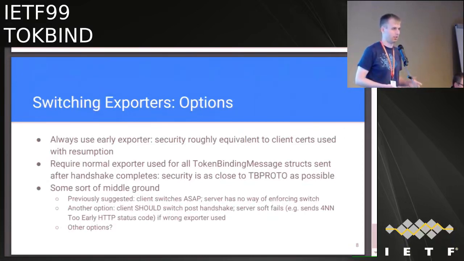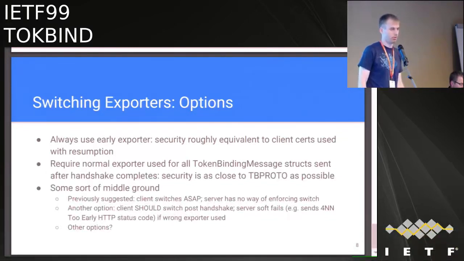And this is going to be roughly equivalent to using client certificates with resumption, in that the proof of possession of the private key is effectively that the client had possession of the private key at the beginning of the initial session. You don't gain much meaningful contribution past that time point, which is what you get with client certs.